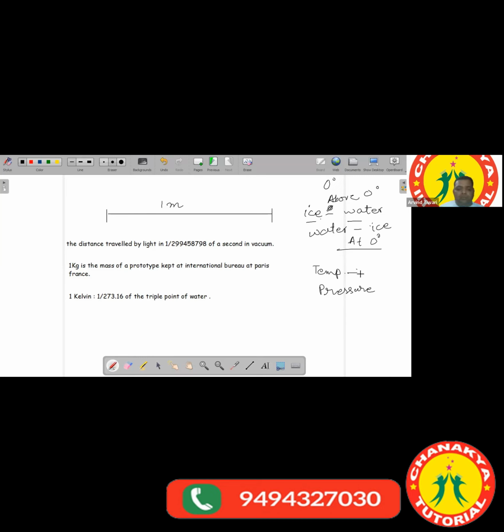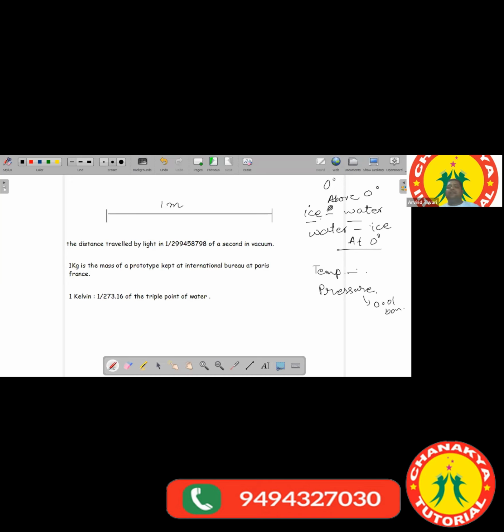So there is a combination of temperature and pressure at which water will exist in all the three forms. For example, the pressure given there is 0.01 bar.